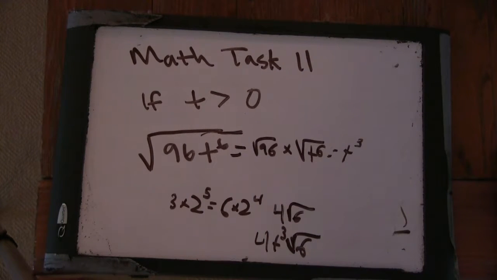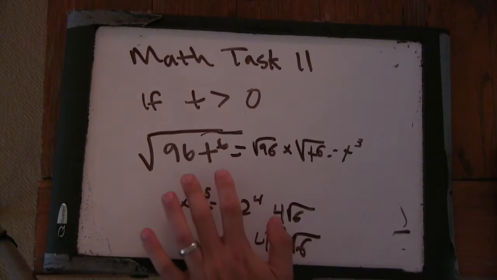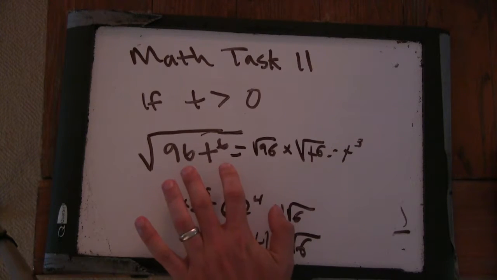But is that square root 4t cubed? No. That would be negative. So it has to be positive. What would the answer be if t was less than 0? How would the answer change? Well, you'd have kind of a square root of a negative number. Well, no, we already said that 96t to the 6th is positive.